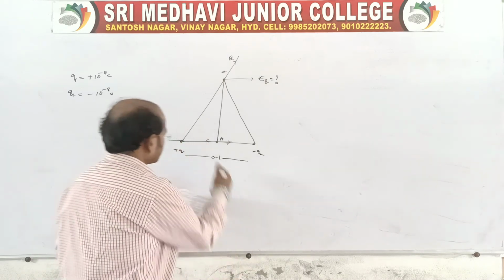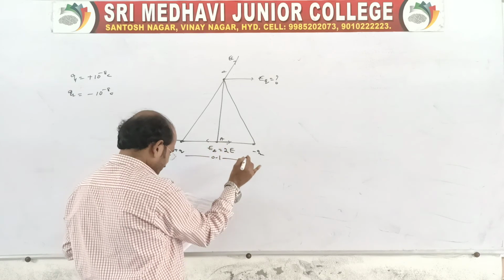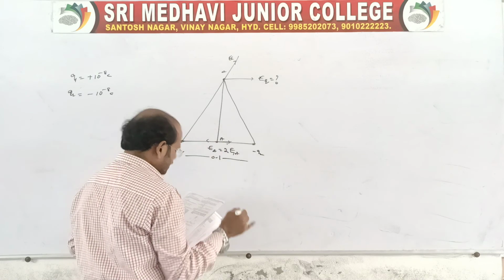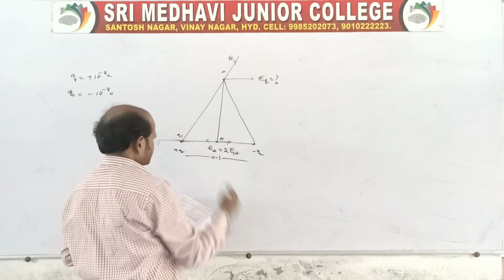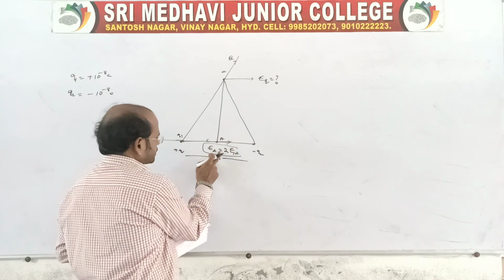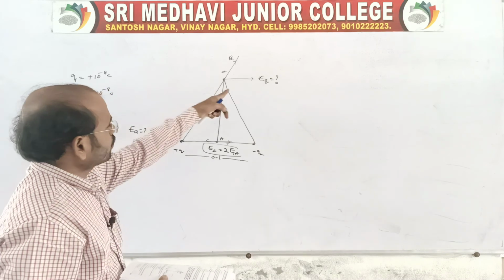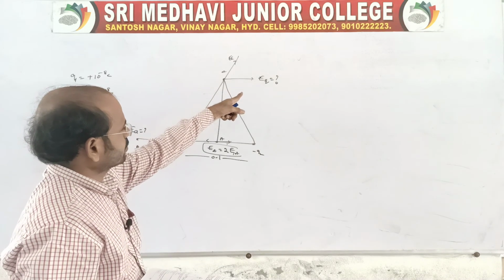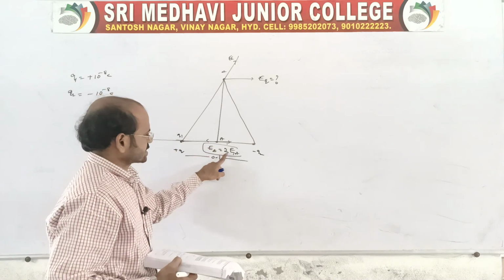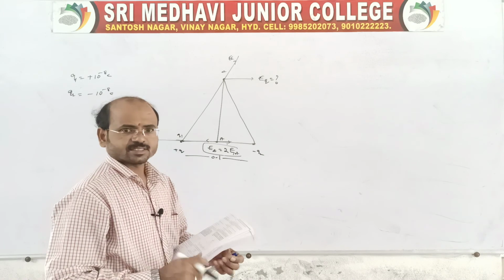So you write EA is equal to 2 into E due to the Q1 charge. Like this we'll get the answer, then after getting this value substitute here, then we'll get the final answer. So one you get equatorial, one you get axial, and at point A you take this. Ultimately we'll get the final answers, right?